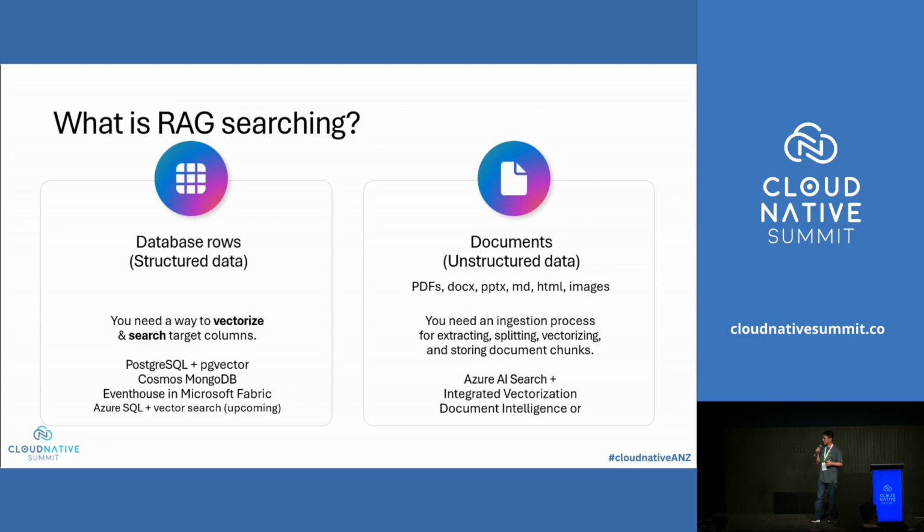And for unstructured data, because in our company we have lots of documentation in maybe PDF, Word, or even HTML pages, images, we can still vectorize them into a vector database. You need an ingestion process to vectorize this documentation into a vector database and index it.